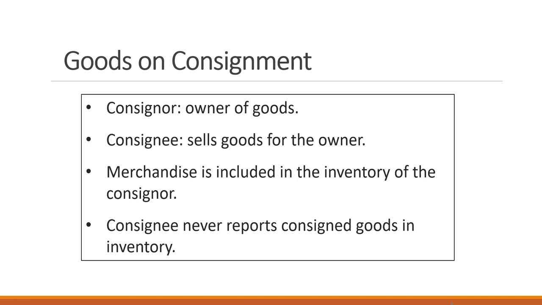We never report the consigned goods in inventory. We might take a percentage of their sales as part of our commission for providing the selling services, but the merchandise is part of the inventory of the consignor and isn't part of the inventory for the consignee.